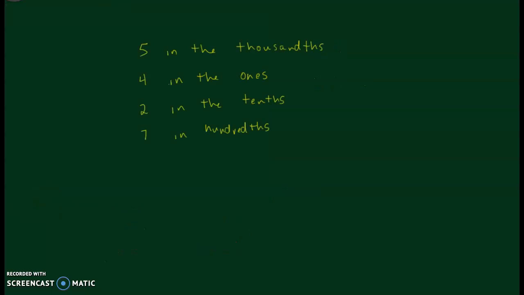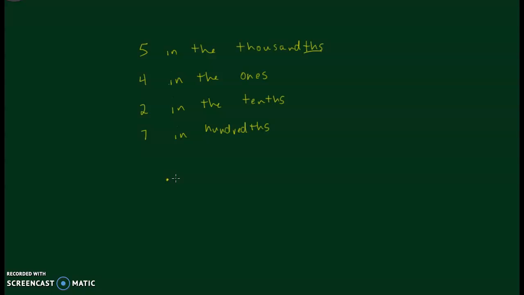For the practice portion of the home link, you're going to be asked to write a number and then read that number to someone at home. So when I look at the directions here, I can see that I have THS. And when I see THS at the end of a number, that's an indication to me that there's going to be a decimal point.